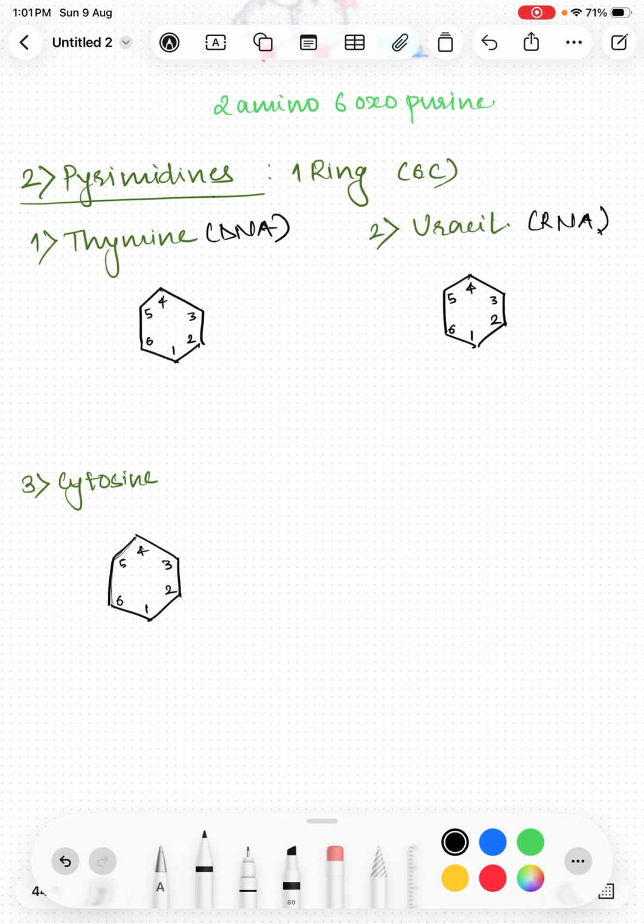Now in case of pyrimidines, at number 1 and at number 3 you have nitrogen atoms in all cases. Okay.